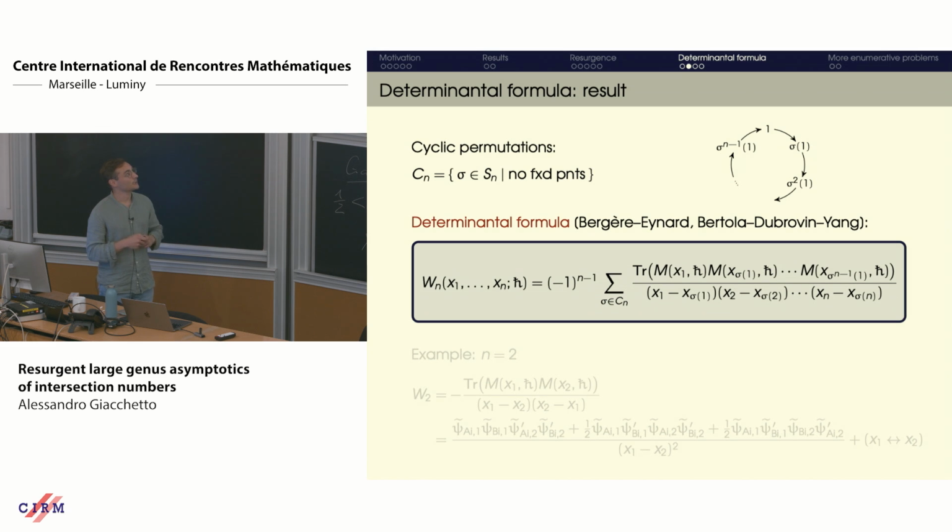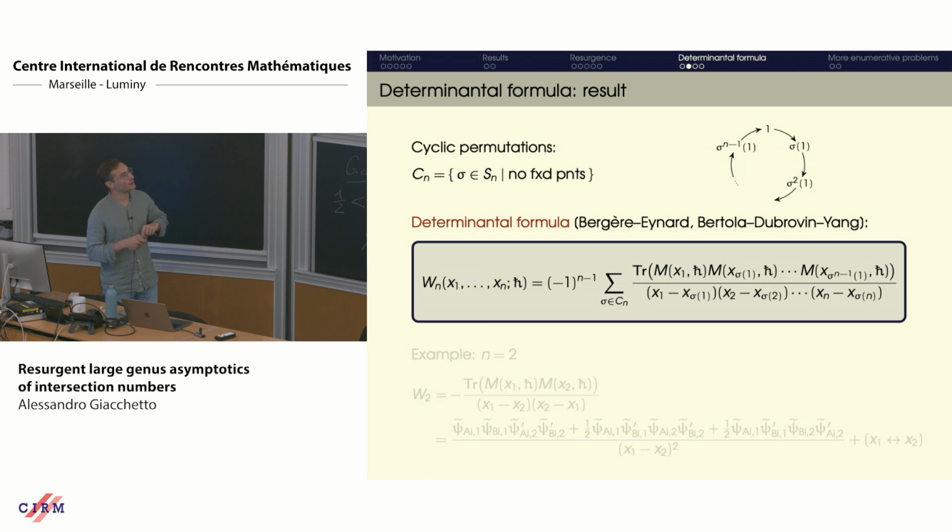times a sum over all cyclic permutations of n elements, where n is the number of marked points. For every permutation, you have a ratio of two quantities. At the numerator, you have a trace of a product of these M matrices that I defined in the previous slide. You have n of them, and they differ by the value of this x variable.